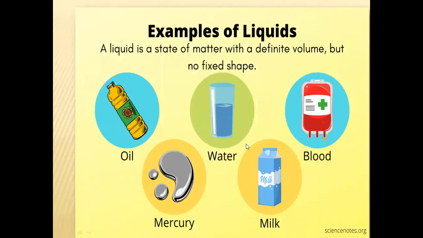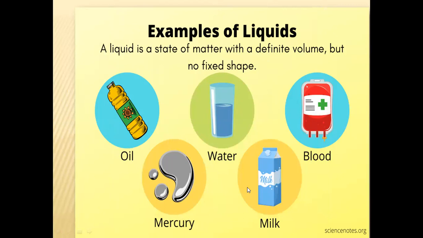So coming to today's lesson, we are going to learn examples of liquids. A liquid is a state of matter with a definite volume but no fixed shape. This means that a liquid does not have any fixed shape. It can take the shape of the container it is in. What are the examples of liquids? Oil, water, blood, mercury, milk.